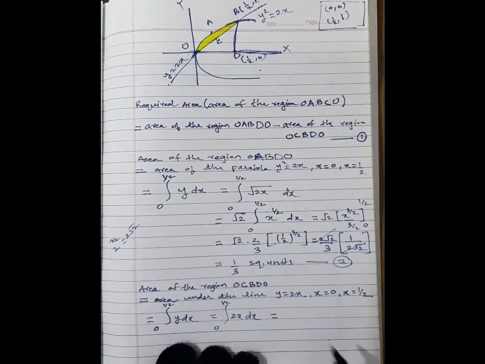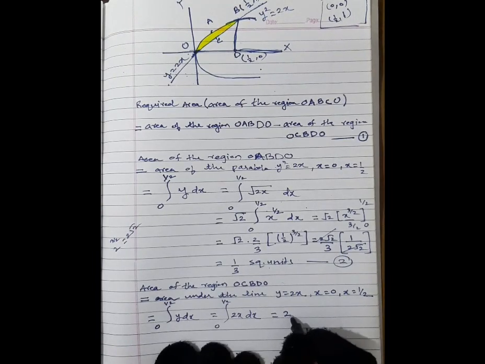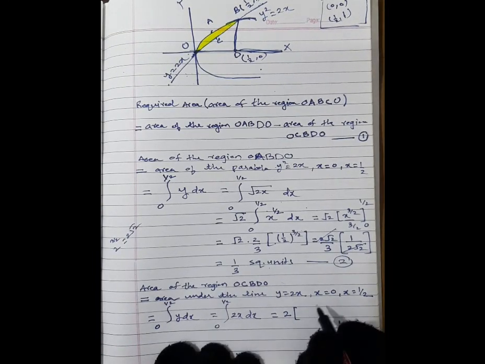So what is the integration here, students? 2 is constant. Integration of x is x square by 2 and limit is going from 0 to 1 upon 2. So here students, this 2 gets cancelled. Only we'll substitute 1 upon 2 instead of x.